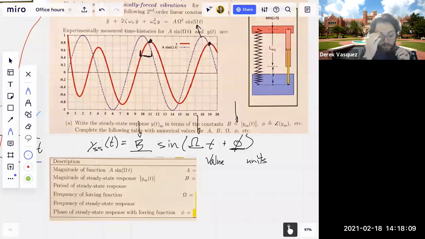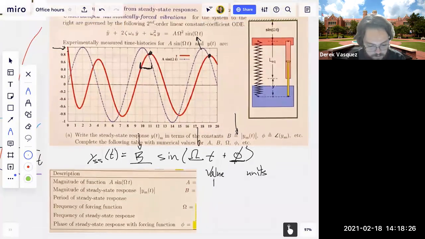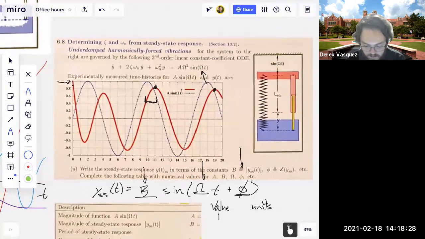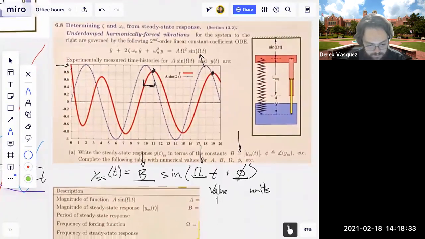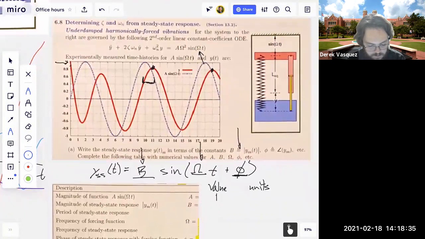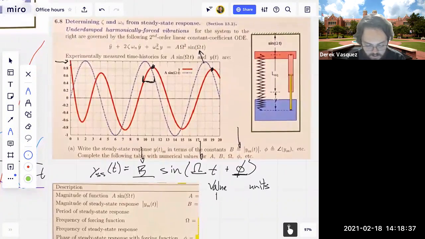So Sarah Lynn, earlier you said 1 for the amplitude, and that is the amplitude of the input. As you can see right there, the blue dotted line is our input. That has an amplitude of 1. And as far as units, does it say somewhere? Does it tell us what our units are anywhere?